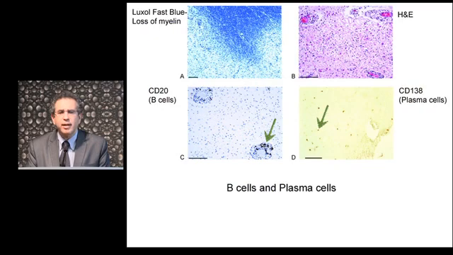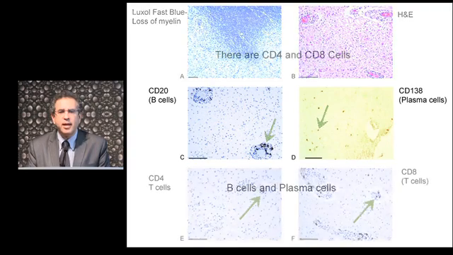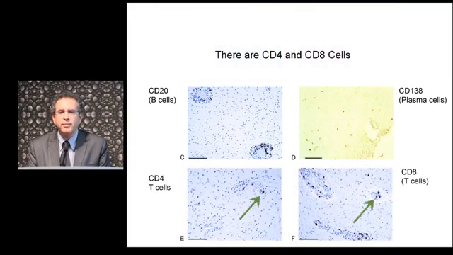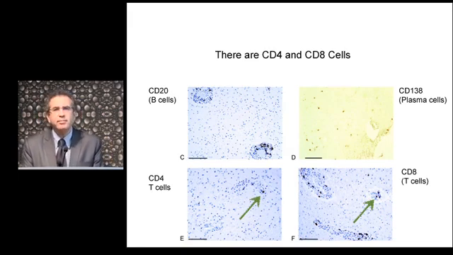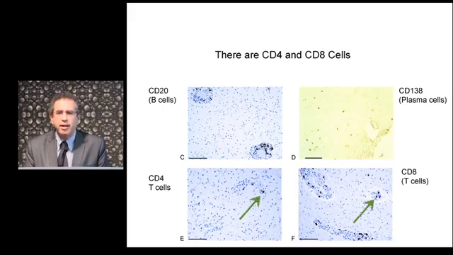If one takes one of these lesions and puts it under the microscope, one sees inflammation. The inflammation consists of B cells, plasma cells, and T cells of the CD4 and CD8 lineage. And we'll get back to B cells at the end, as one of the emerging therapies is monoclonal antibodies against B cells.